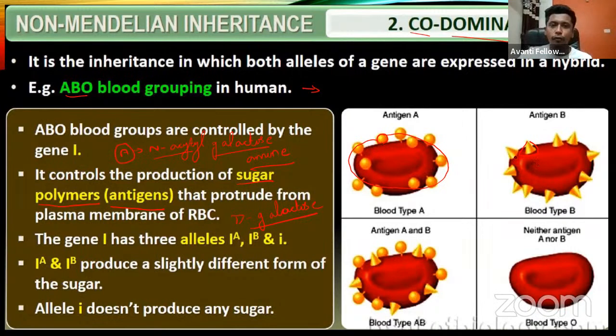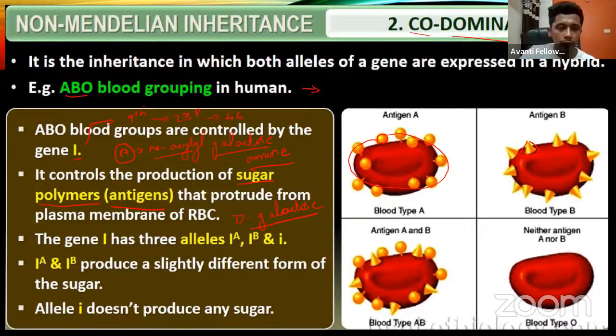For every expression that happens in our body or in any organism, there are genes responsible for it. One of the genes responsible for producing this character is our I gene. The I gene is present on the 9th chromosome, out of 23 pairs, or 46 chromosomes.